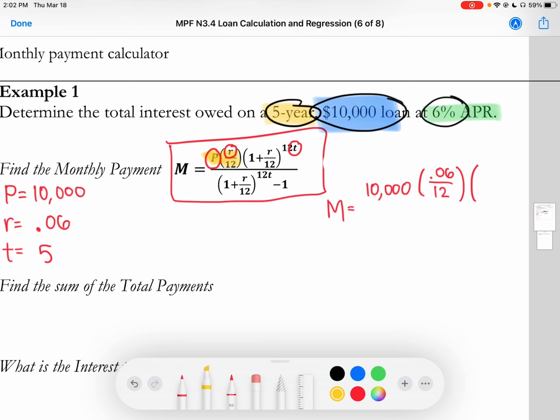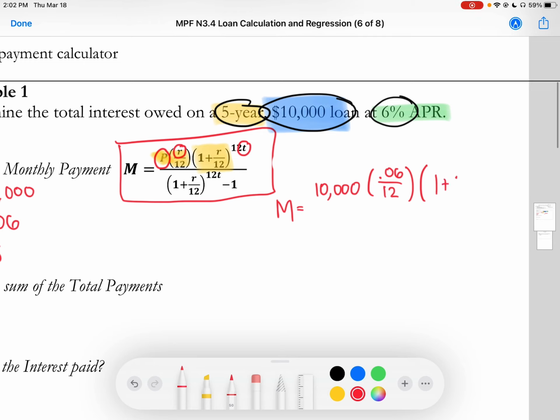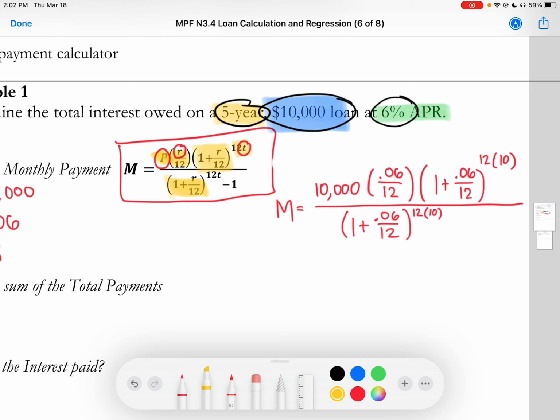Then we have 1 plus r over 12, raised to the 12 times t. That's our numerator. In the denominator, we'll have 1 plus 0.06 over 12, raised to the 12t, where t is time. And then we have our minus 1.